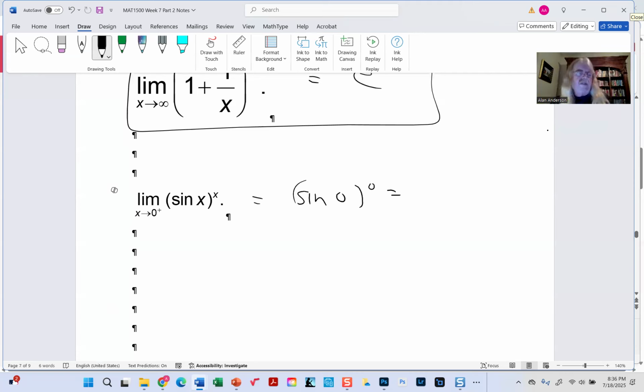The sine of 0 is 0. Right. 0 to the 0. Now, of course, that's one of those indeterminate forms that we cannot directly apply L'Hopital's rule to. So that means we need to come up with another strategy.